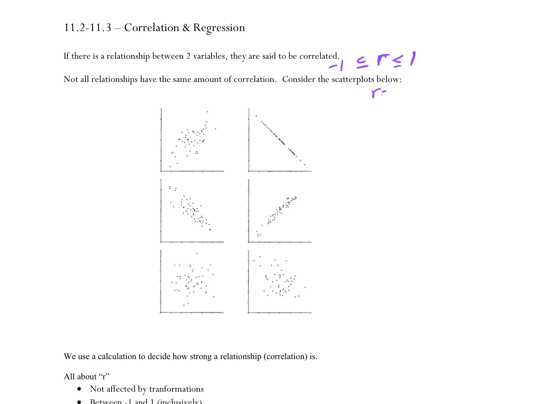R equals 0 is a weak relationship. R equals 1 is a strong positive relationship. R equals -1 is a strong negative relationship.